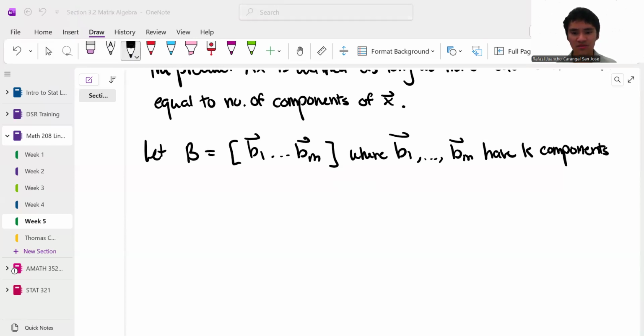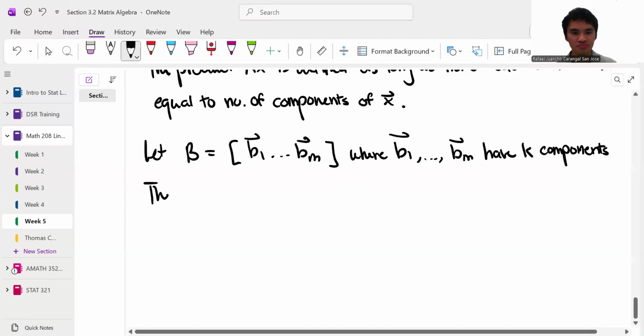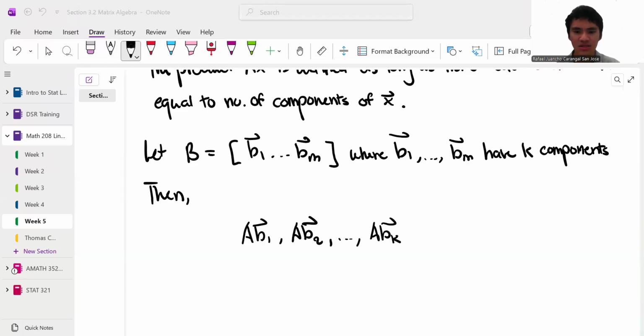So what now? Then let's go back to that matrix A. We say that A B1, maybe we go to AB2, why not? All the way to some BK. Oh, they put K here, but it's all right. These are all defined, right?